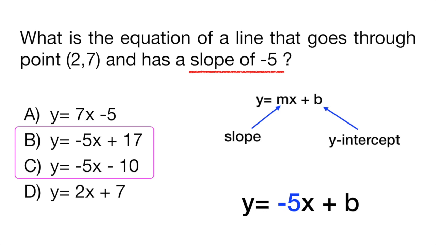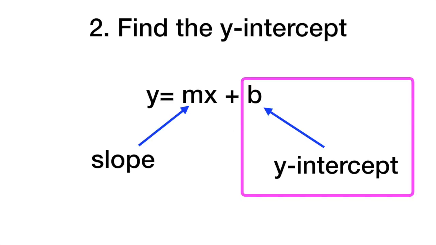It's minus 5. If you look at D, it's telling you that y is equal to 2x. Again, this is incorrect. The slope should be minus 5x. So you see that right off the bat, you can get rid of 2 options, which is super helpful. That's part 1.